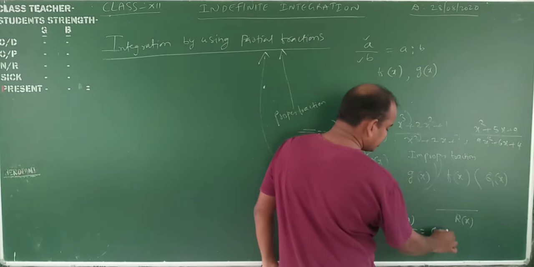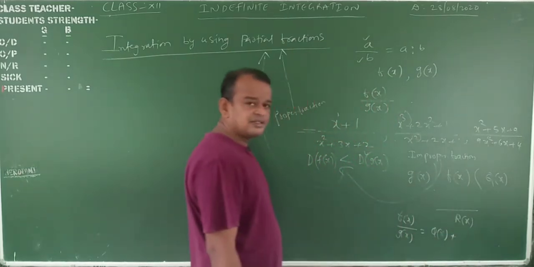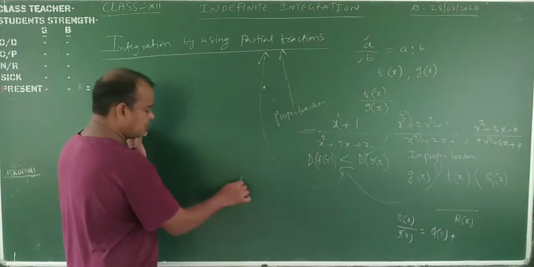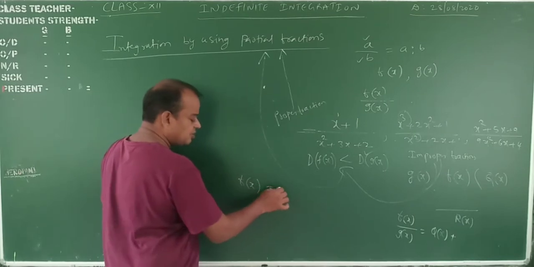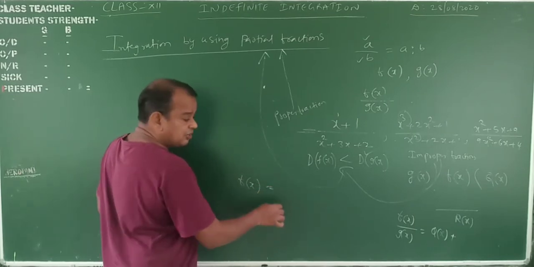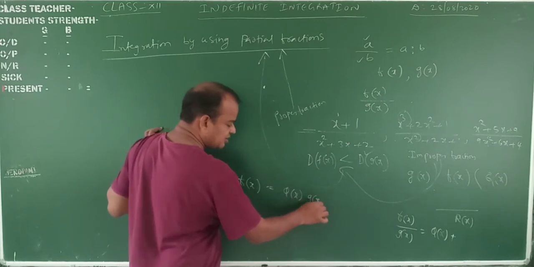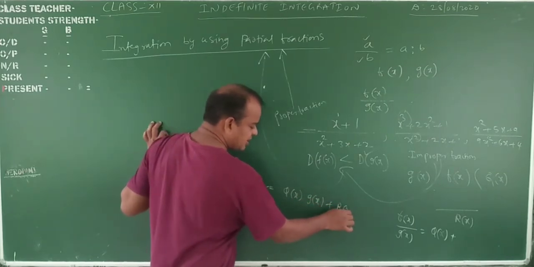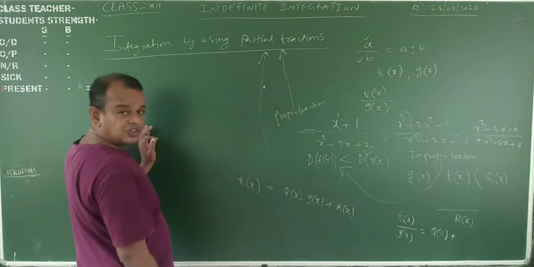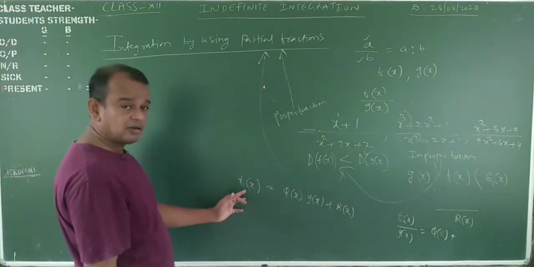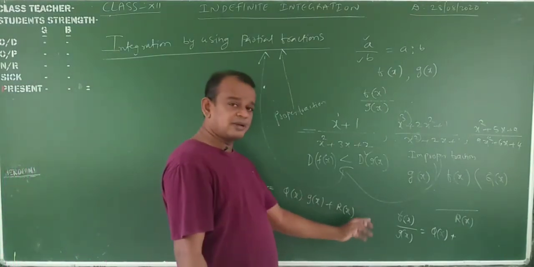Now, actually the formula is: dividend is equal to divisor into quotient plus remainder.